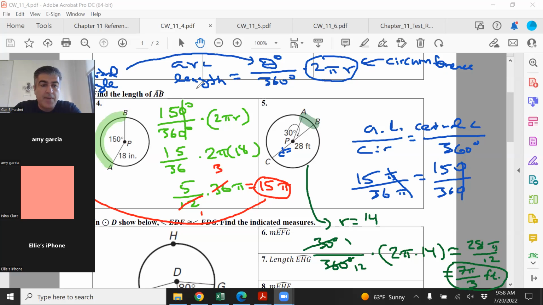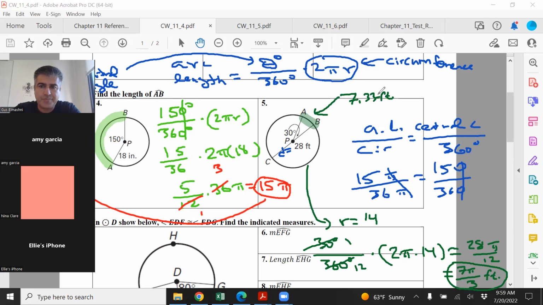So yeah, for number 5, it's 7 pi over 3 feet. You could compute the pi, and it would be like 7.33 feet, if you actually want to multiply the pi out.